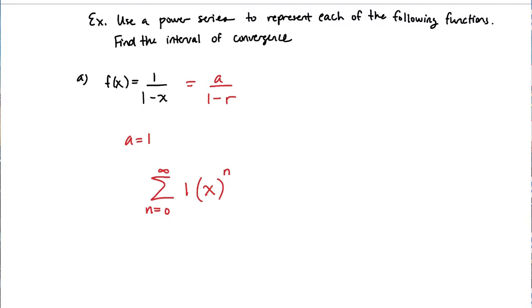Right? So just outlining that again. I recognize this as a geometric series. The geometric series says that you have your first term times your ratio to the nth. And if you need your first term to be 1, I couldn't start at n equals 1 because then my first term would be x. So I needed to make my index start at 0.